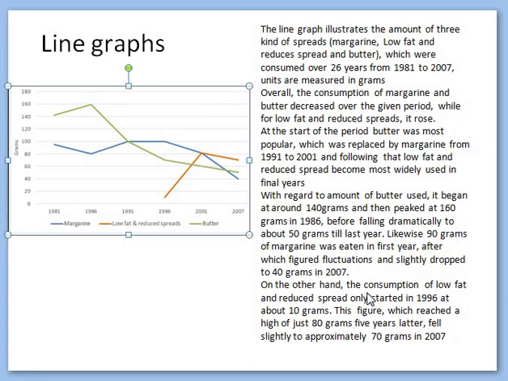On the other hand, the consumption of low fat and reduced fat only started in 1960 at about 10 grams. This figure reached a high of just 80 grams 5 years later.